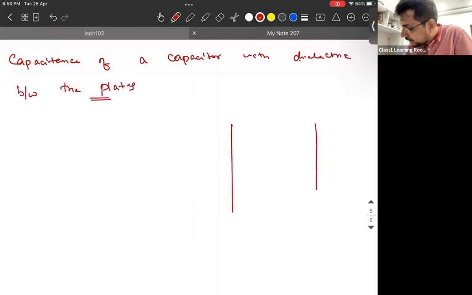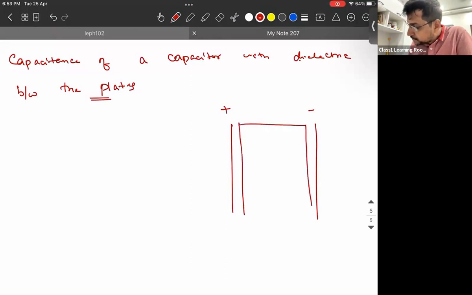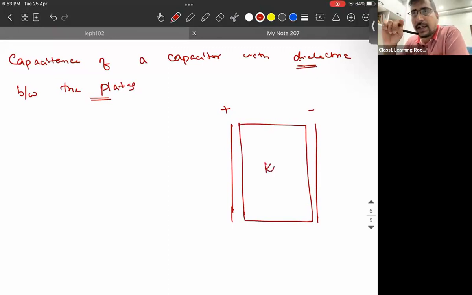So if I take a parallel plate capacitor like this, positive sign, negative sign, and I place a dielectric of dielectric constant, let me say K, or actually it is called kappa, a Greek letter.